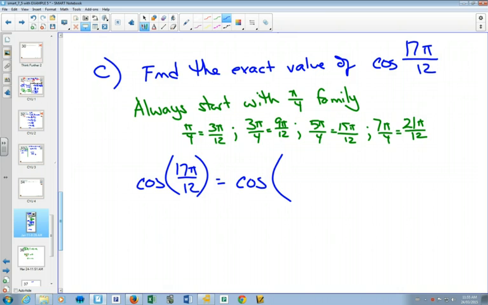7 pi over 4. So 7 pi over 4 is 21 pi over 12. Now, in order to make it equal to 17 pi over 12, what would we have to do? We'd have to subtract, right? How much would we have to subtract? 4.